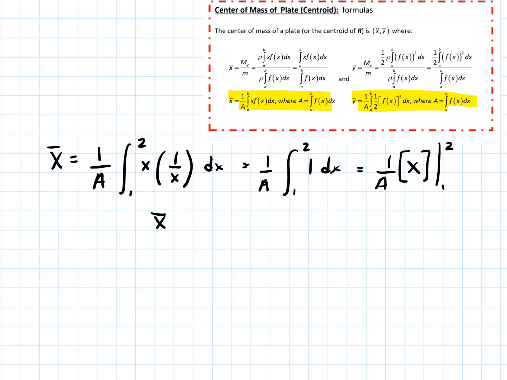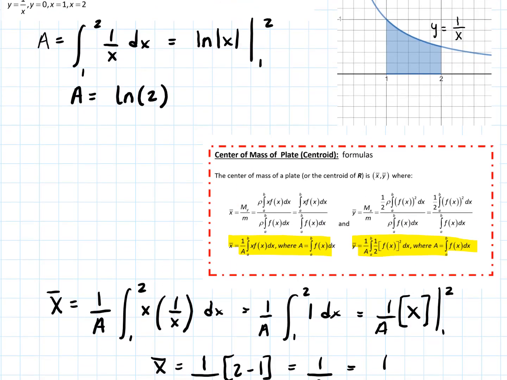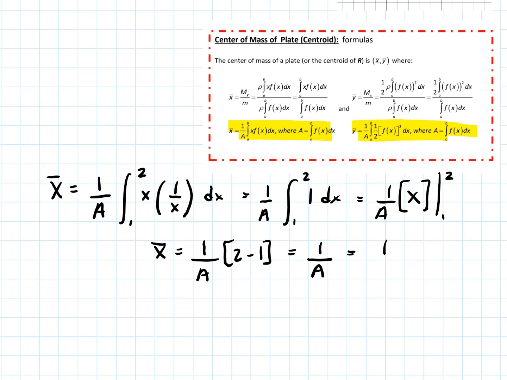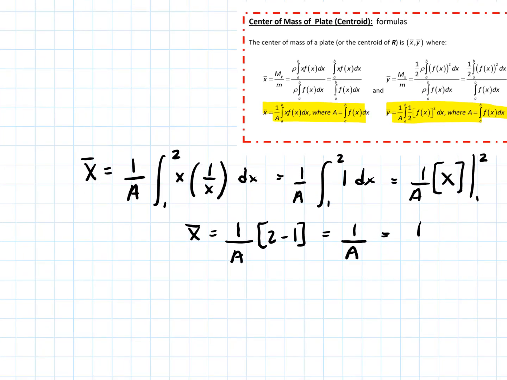So x bar ends up being 1 over A times 2 minus 1, or 1 over A. We calculated A up here; A was just the natural log of 2, so this is 1 over the natural log of 2.